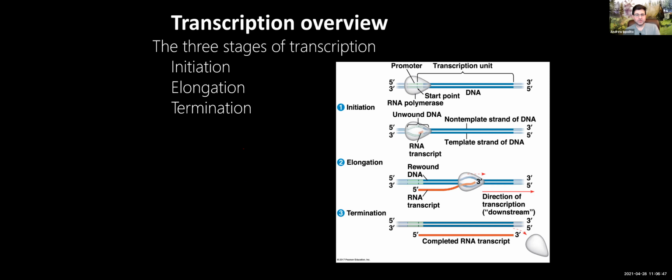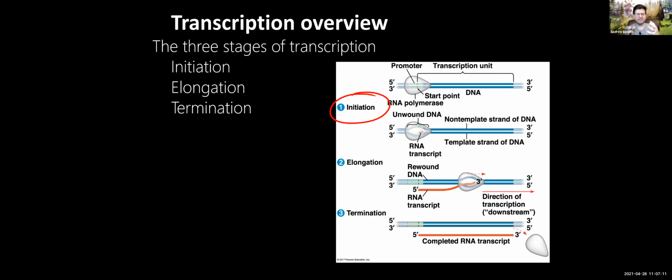These proteins bind to the promoter, and they will then open up the DNA, and then they will start reading along it and produce RNA. So initiation is all about the binding and the denaturing, the melting, the breaking apart of the strands.